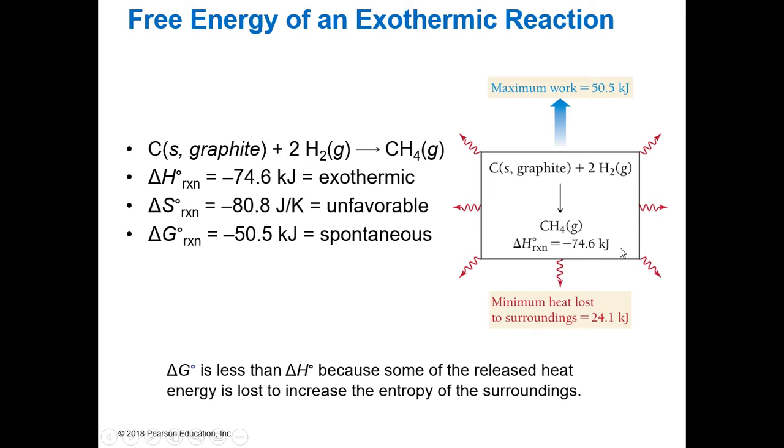So even though we had 74.6 kilojoules of heat, 24.1 kilojoules of it was just lost to the surroundings. Only 50.5 kilojoules of it actually did work. And so that is what our free energy is. It is the energy that we actually have left to do work, thus making this reaction spontaneous.